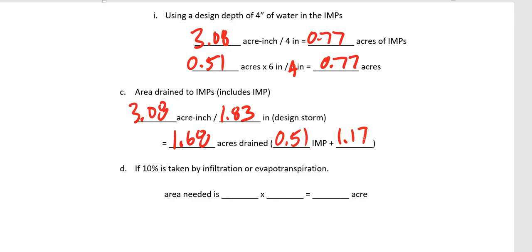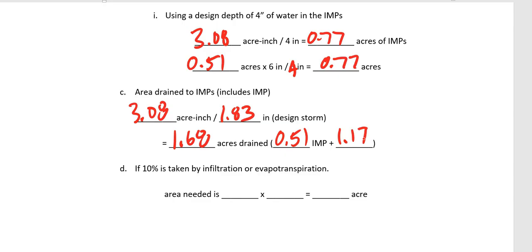What it's saying is that you're collecting 0.11 inches for the whole site, but you can take a part of your site and grab the water off of that part and accomplish your volume goal for that. Probably we're going to have several pieces, and the whole site doesn't necessarily drain to the same spot. So you don't have to capture water from every part of the site. You just need to make sure for the whole site you capture enough water.